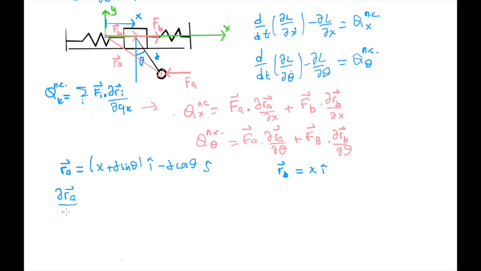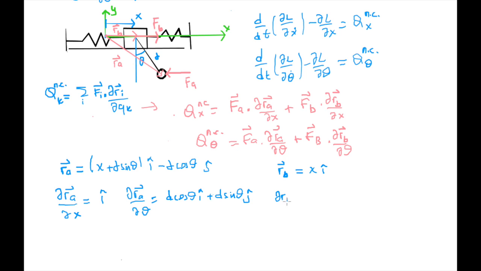Okay, so let me just calculate the partial derivatives. Partial Ra partial x is simply i, and partial Ra partial theta is d cos theta in the i direction, so minus makes it plus, so plus d sine theta in the j direction. Okay, so these are for Ra.